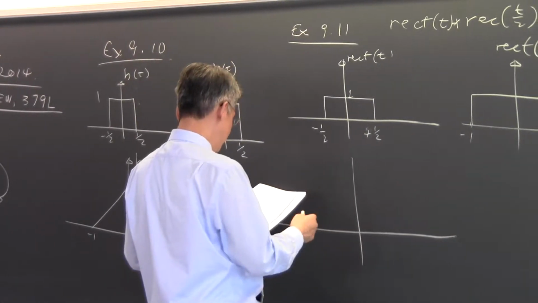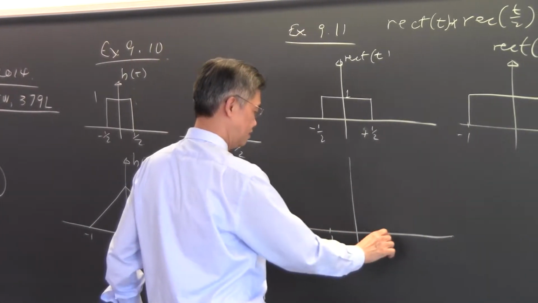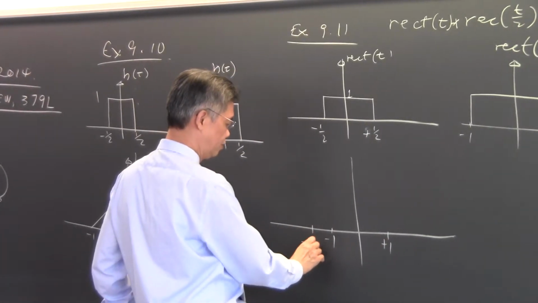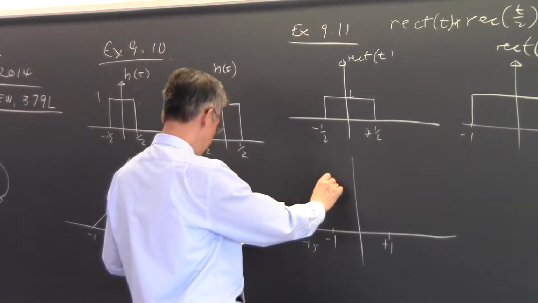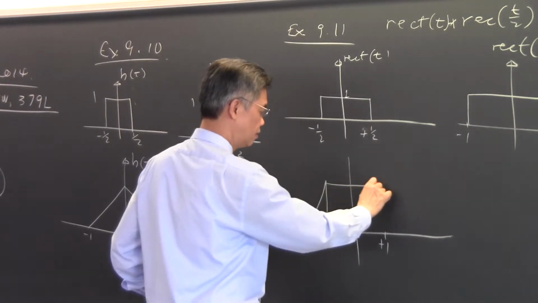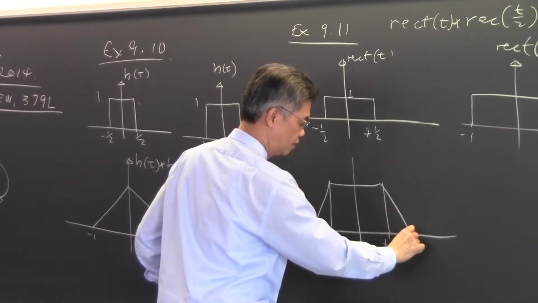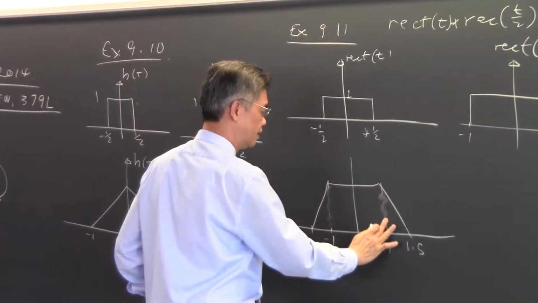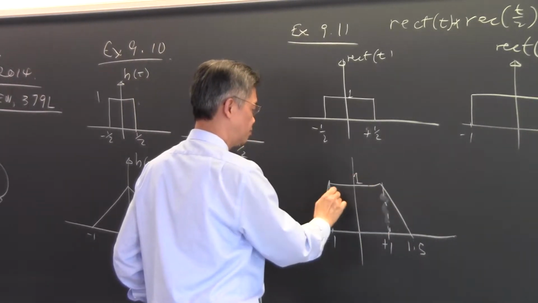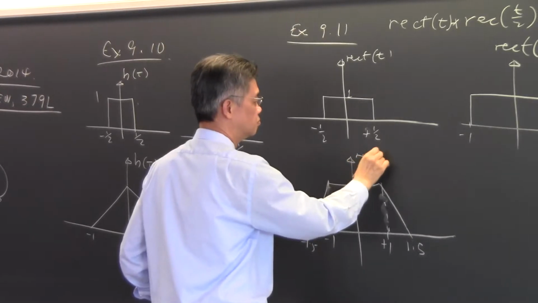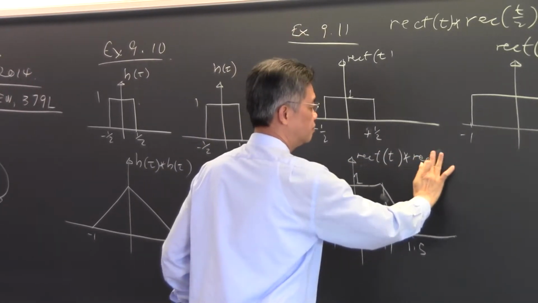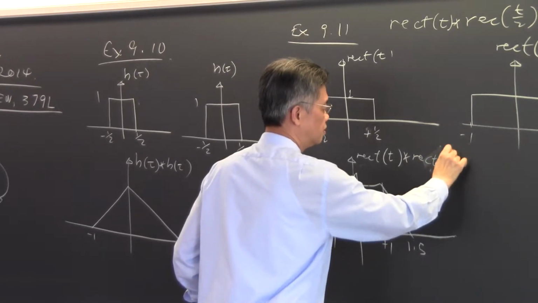And the trapezoid is actually given in the textbook. Start with minus 1.5, it goes up to 1, and then goes up to 1.5. Let me draw this with dotted lines. Rect t convolving with rect of t over 2.